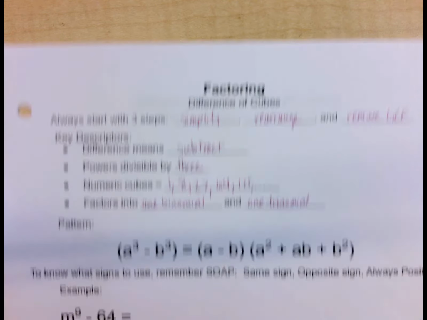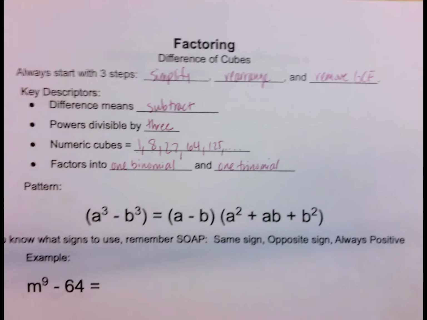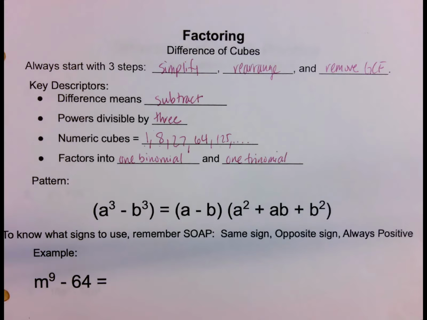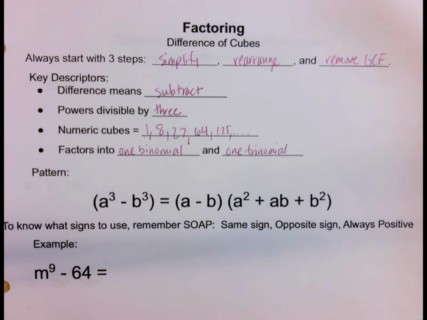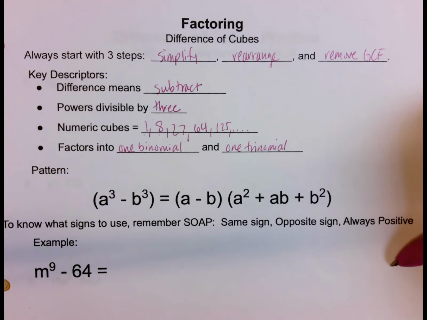So here's that basic pattern that we talked about before. It's going to be a little bit different this time, and so it's going to be easiest to show you what this means when we do an actual practice problem and an example here.